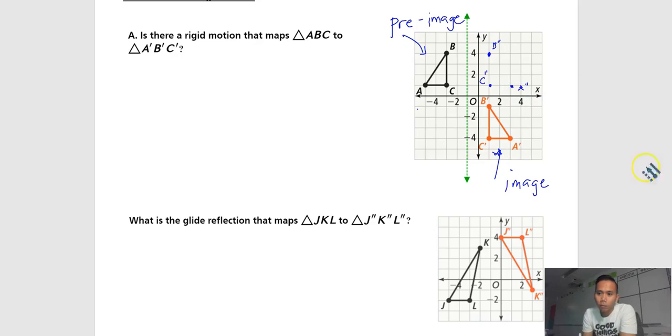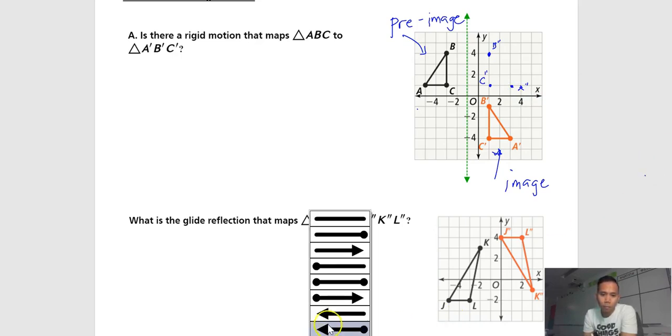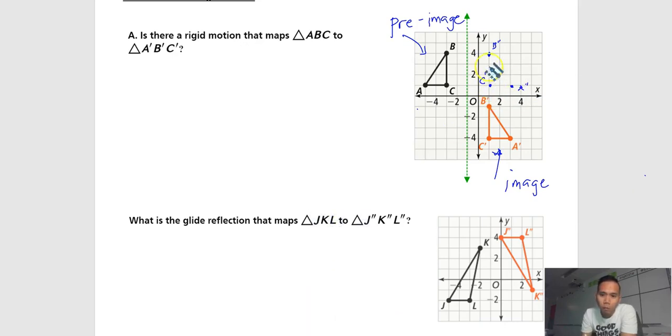If I connect these points here, you will see how the composition looks. I'll just use blue color here to connect this. Now this is the image of the first transformation that we have.